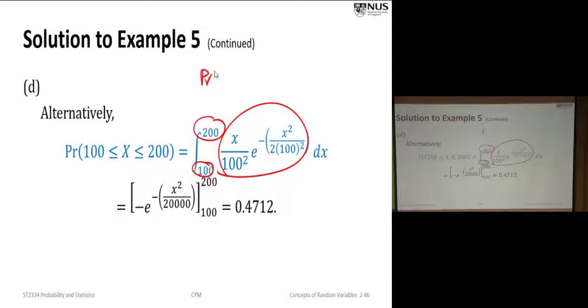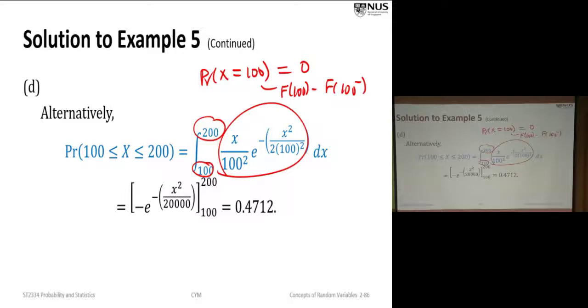What is the probability of x equal to 100 in this example? 0. Continuous random variable. So don't be over smart. F(100) minus F(100-), they're the same thing. All right?